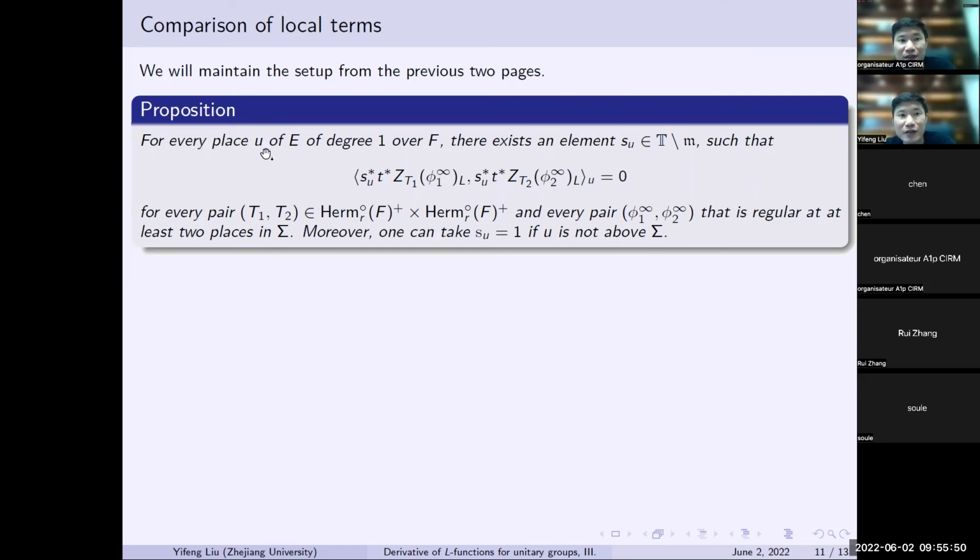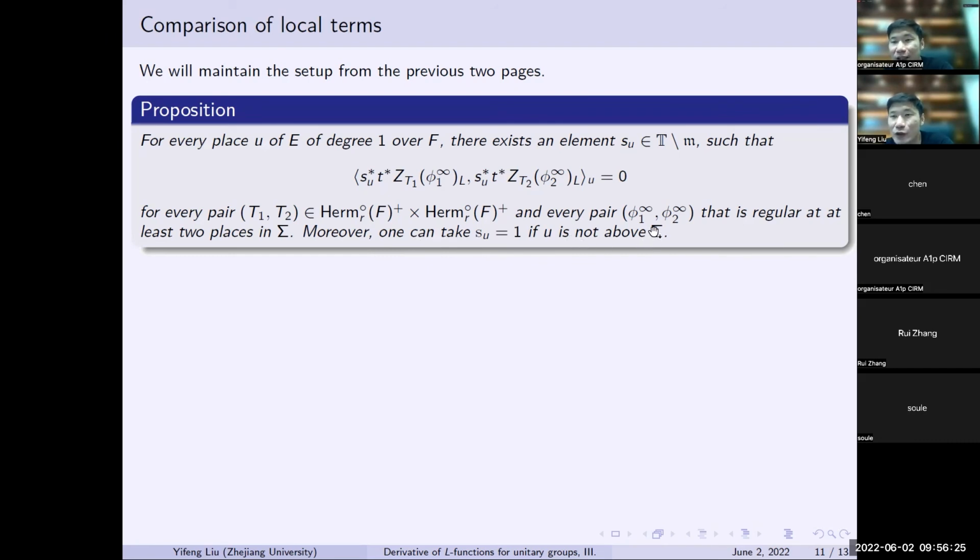So for every place u of E of degree 1 over F, we can further find an element s_u that is in T but not in M, such that when you translate the cycle again by s_u, the height pairing is 0. This is true for every pair T1, T2, and every pair phi_1, phi_2 that is regular at least at 2 places in sigma. And moreover, we can take s_u to be 1 if u is not above the original set sigma.